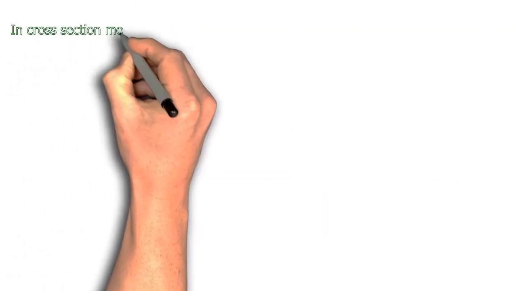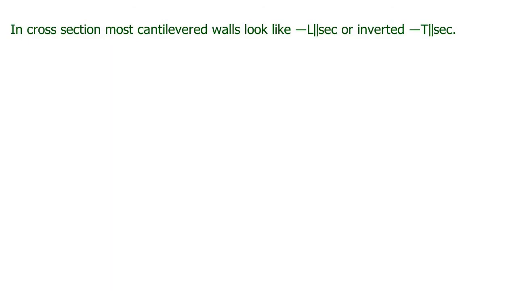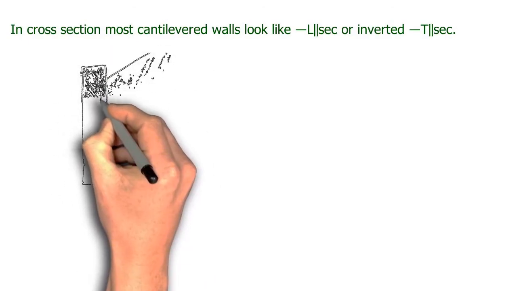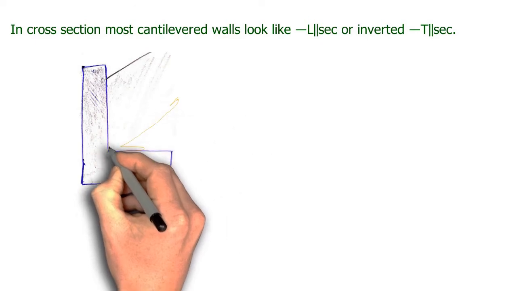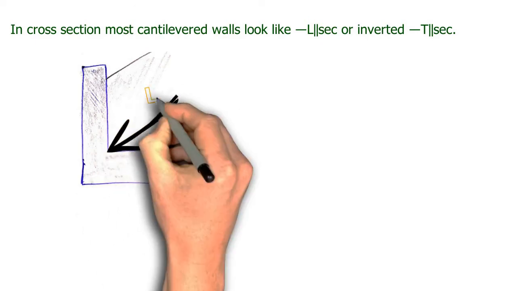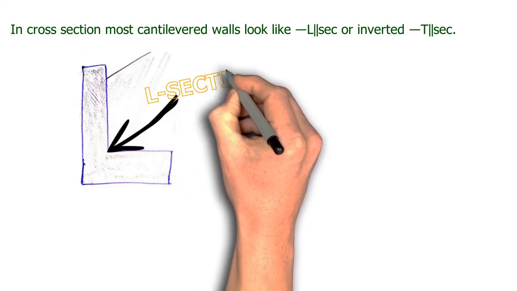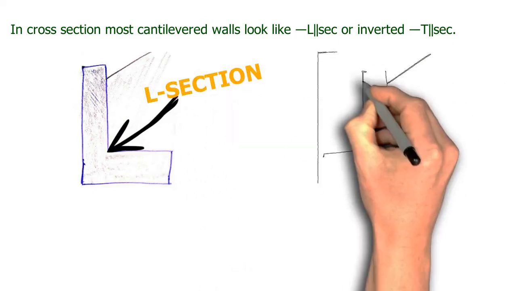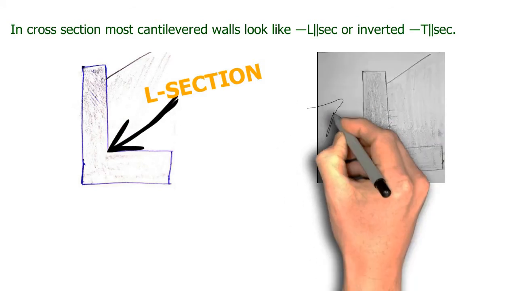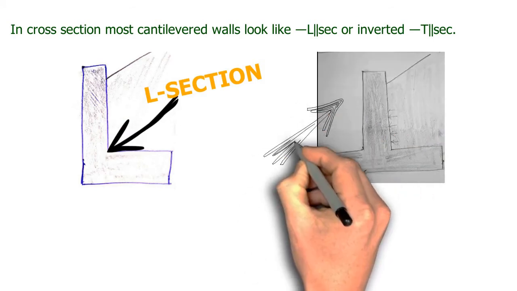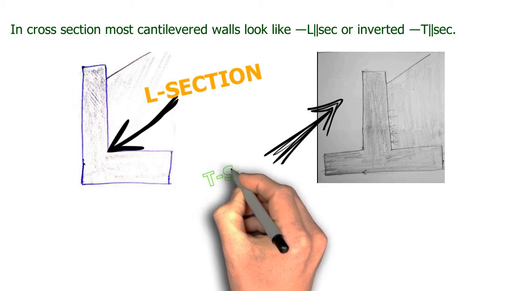In the cross section, most cantilever walls look like an L section, or second is an inverted T section. In the first figure, you can see the L section of retaining wall, and now the second one is T, but it is inverted. So the inverted T section is also a cross section of cantilever retaining wall.